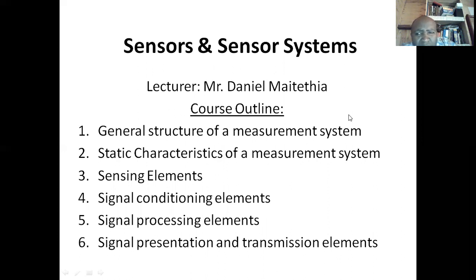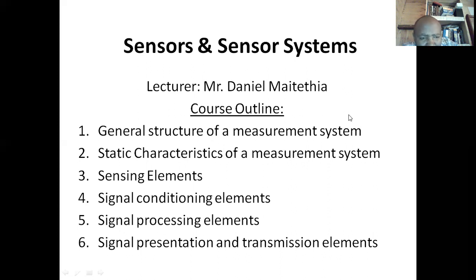comprises 6 main topics that we are going to be looking at throughout this semester. We'll start by discussing the general structure of a measurement system, or if you wish, the general structure of a sensor system. Then we'll look at static characteristics of the measurement system.